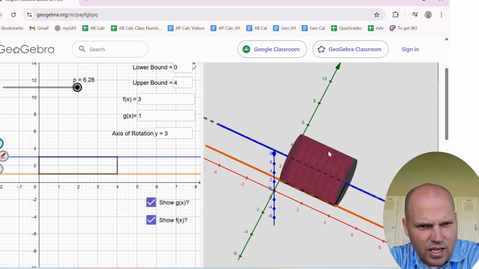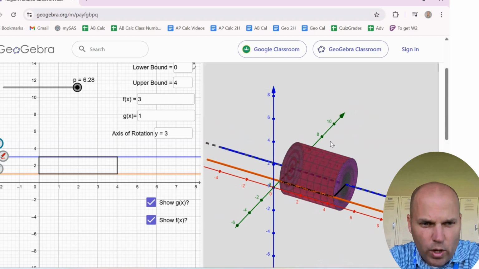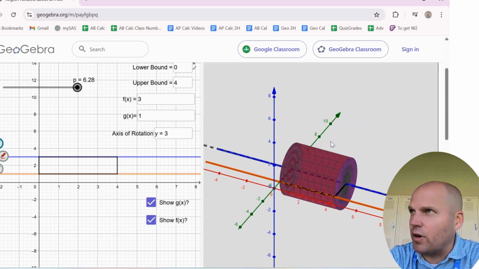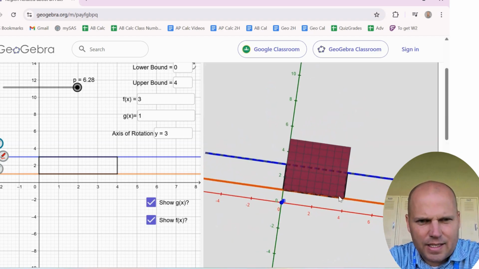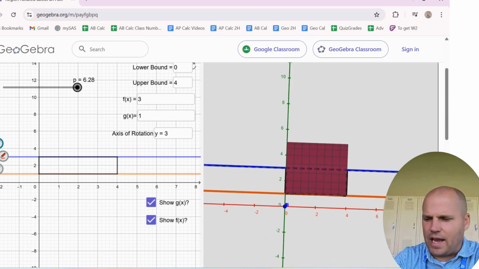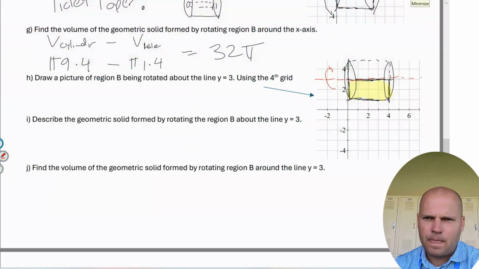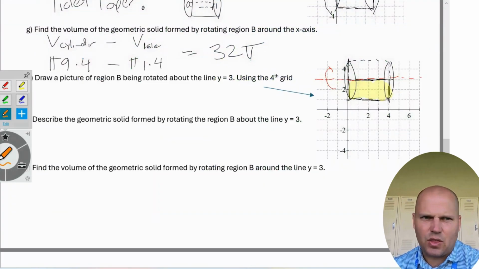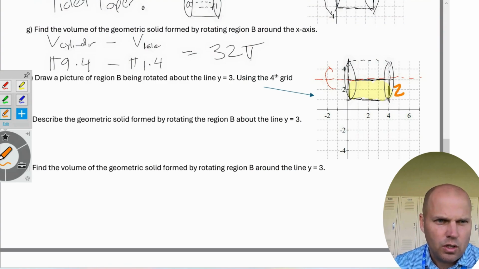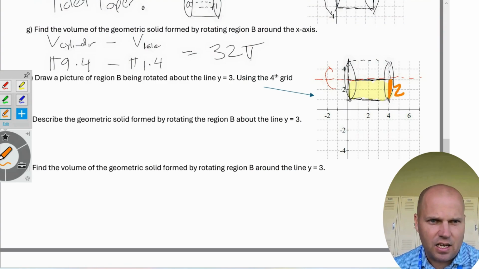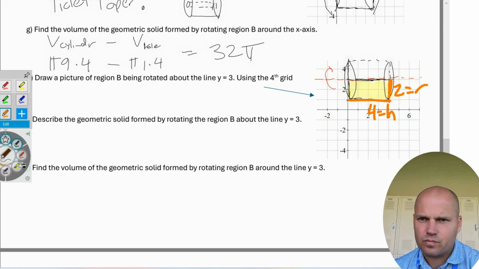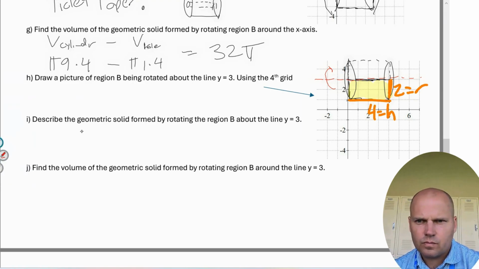We can see it creates a normal cylinder. It's a wheel because these circles are on the right and the left, but there's no negative space, there's no hole. So this length, which was 2, is the radius again. This length, which is 4, is the height again.